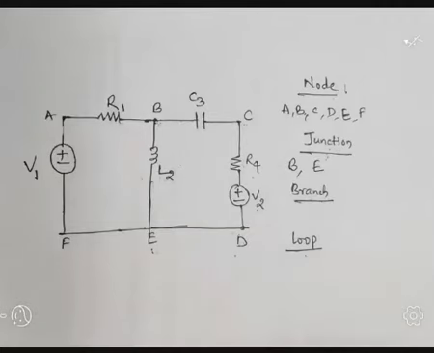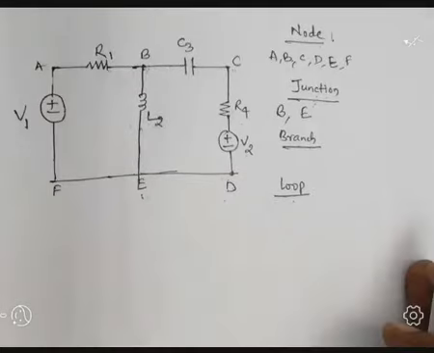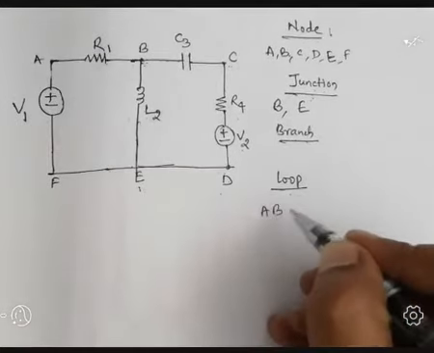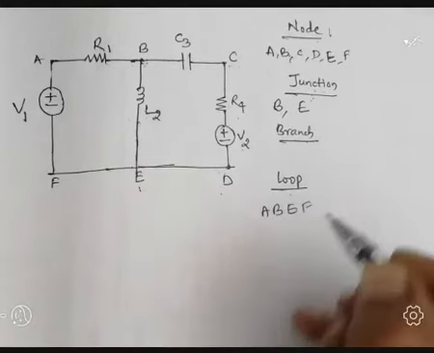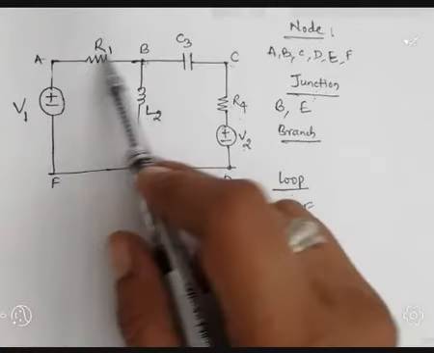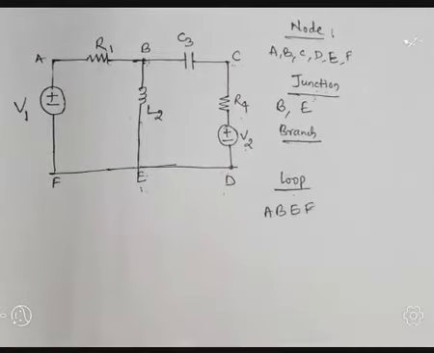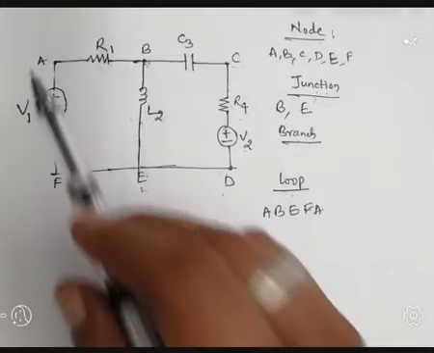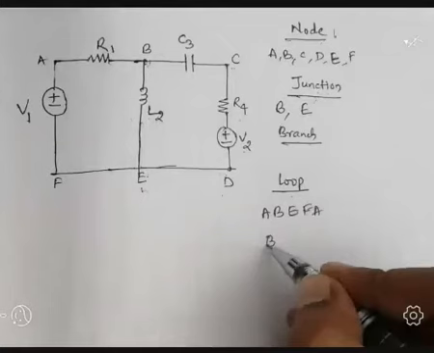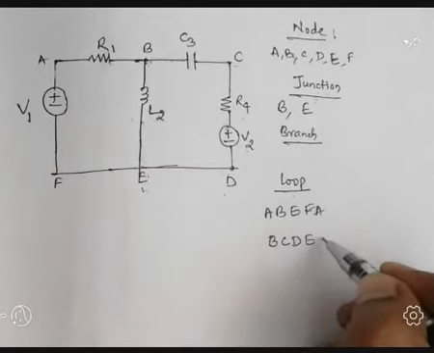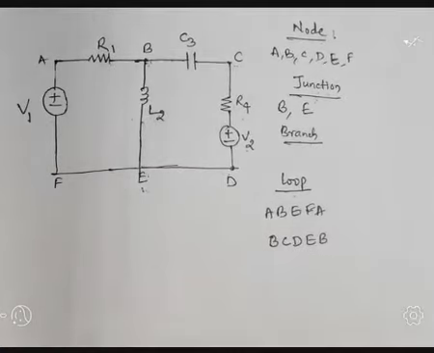So in this network, we will give examples for the loop. The first one is A, B, E, F. Starting with A and move on to B, then E, F. This is the closed path, one example, and end with A: A, B, E, F, A. Similarly, we can say B, C, D, E, B. It is the second example of loop.